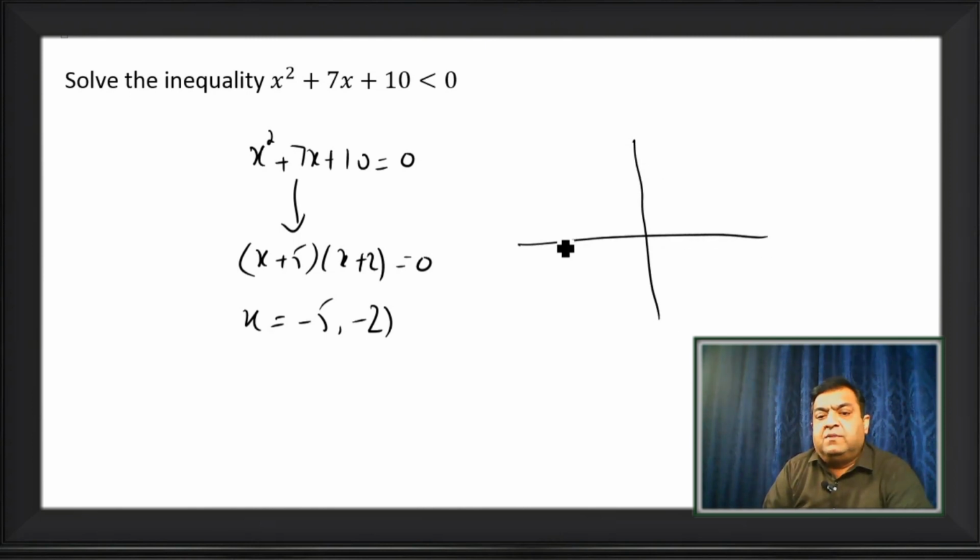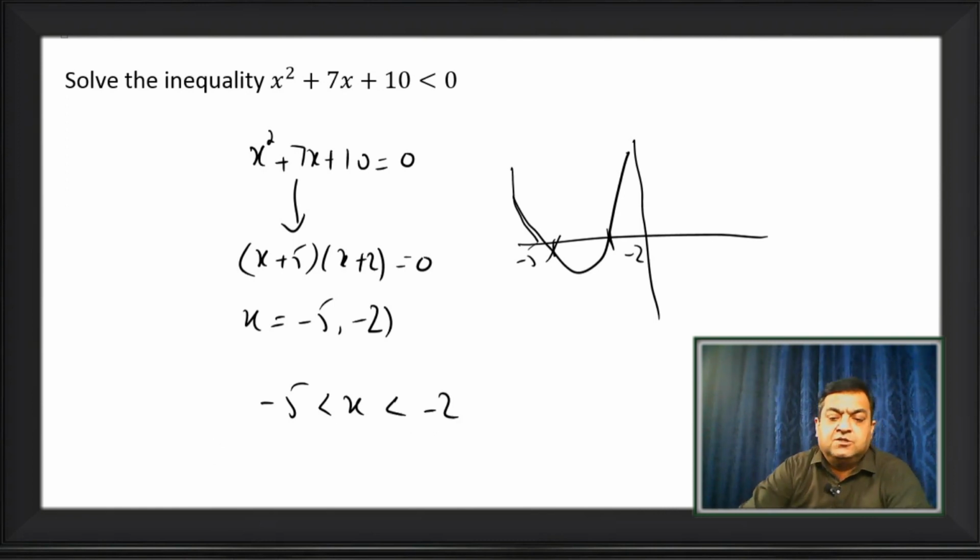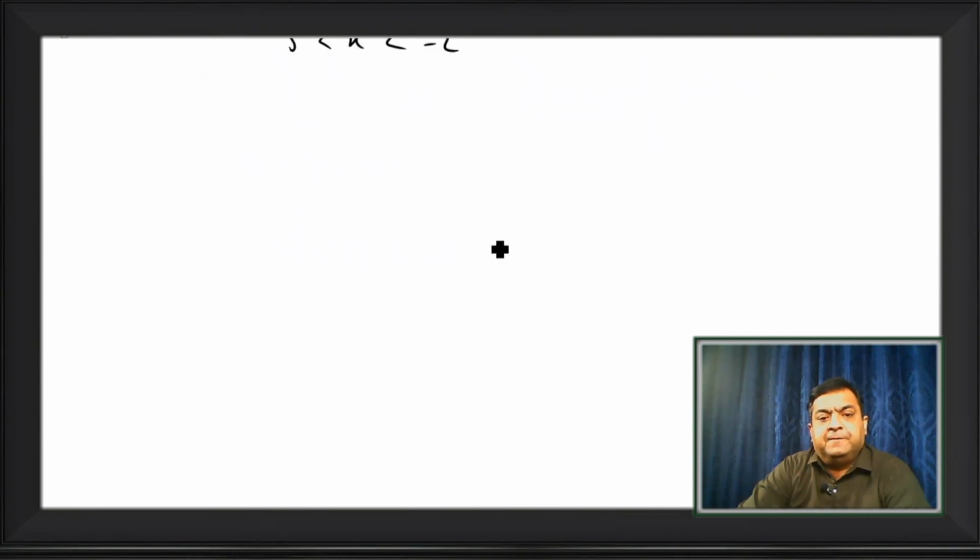The roots are -5 and -2. The graph will be like this, and it will be negative between the two numbers. So our answer will be -5 < x < -2. This is the solution of the given inequality.